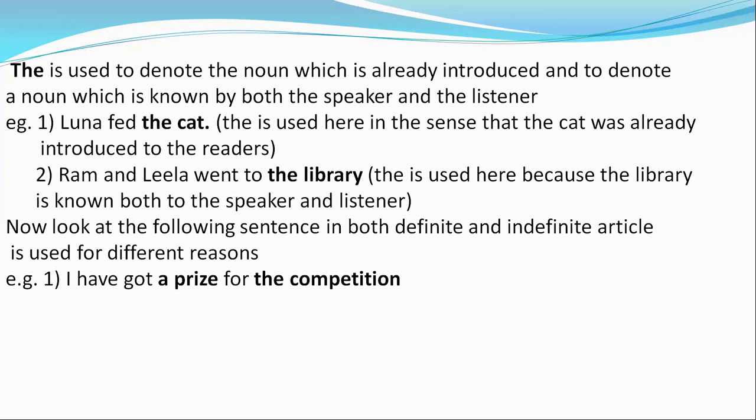Consider this sentence to be written in a story about Luna and the cat she is growing. So in this story, Luna and the cat she is growing are already introduced to the reader. And so after introducing it, you should use the article the before mentioning this noun. See this, Luna fed the cat because the cat was already introduced.